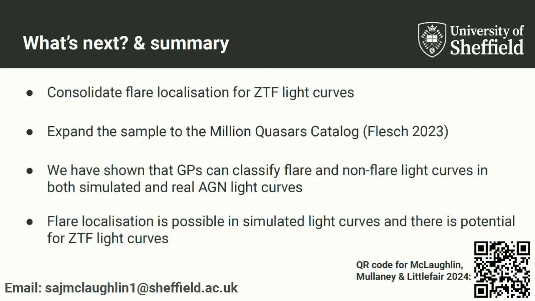Okay, so it's a little bit of a misconception that Gaussian processes are very computationally expensive. I intend to apply this Gaussian process analysis to all LSST AGN. The reason why I can do that is because you don't need to use MCMC or particularly rigorous sampling methods when you're just flagging up items for follow-up work. So when you're modeling AGN light curves, you really care about getting accurate physical parameters out.